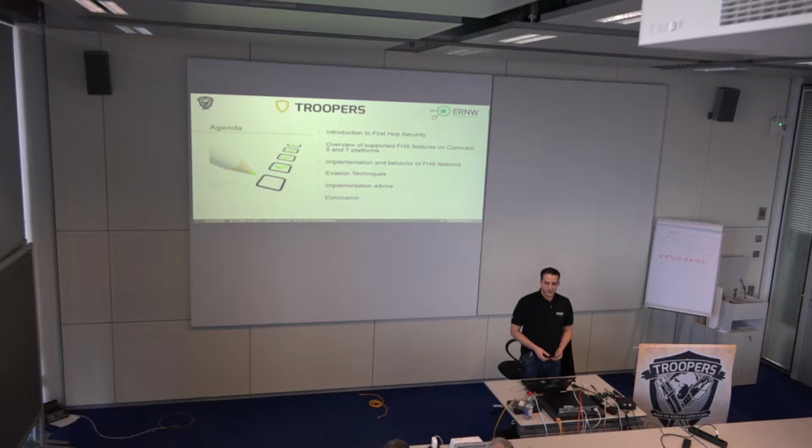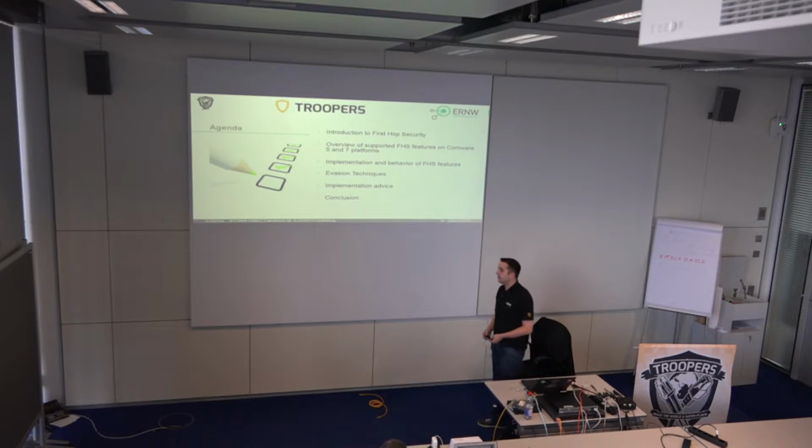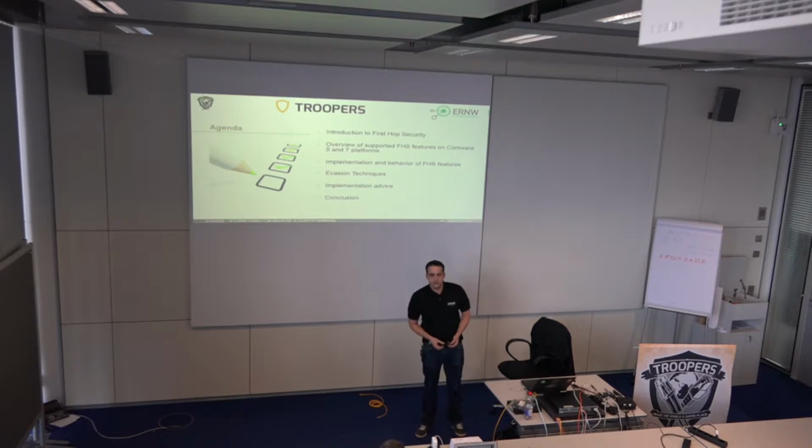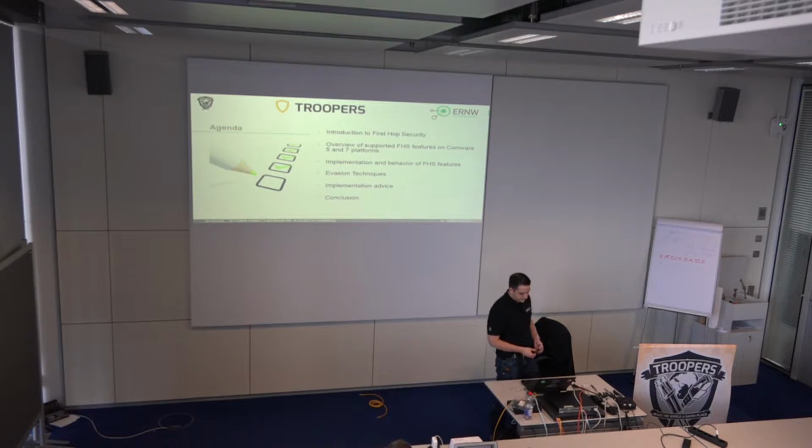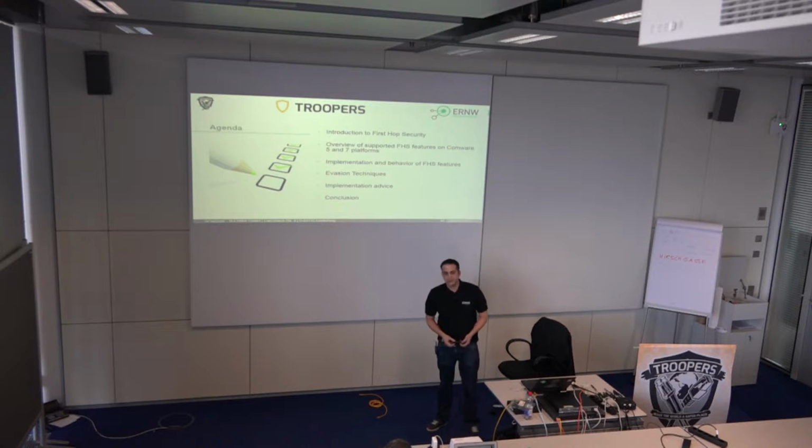At the beginning we are doing a short introduction to first hop security in general, as well as an overview of supported first hop security features on HP platforms, specifically for CommWare 5 and CommWare 7, which is the operating system the new HP or H3C switches are running.